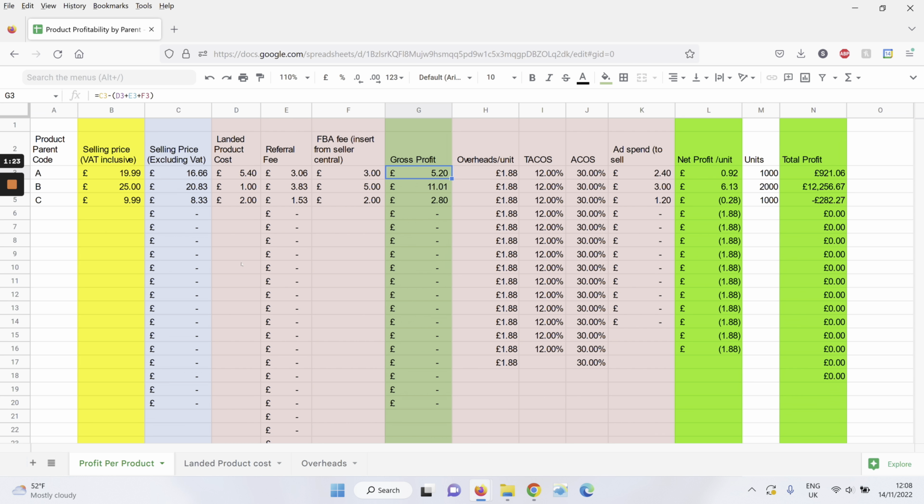All you need to do is insert these figures: your landed cost price and your referral fee. Depending on which category you're selling in, I have put in the average of 15.3%, which is across most of the categories. If you download this and you want to edit it, make your own copy, and then you will be able to edit this to the percentage you're paying.